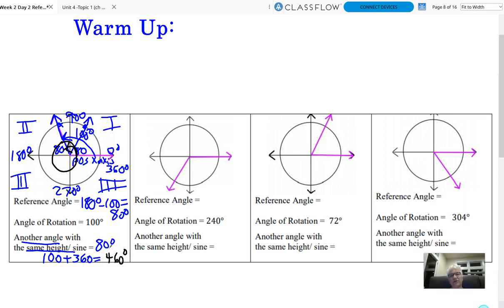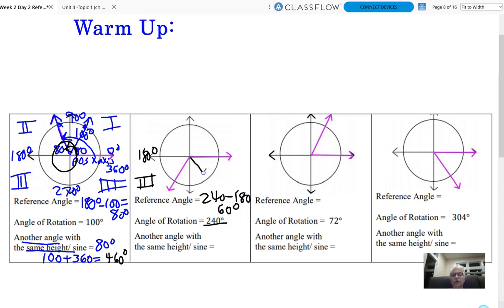For our first warm-up. Our second warm-up takes place in the 3rd quadrant. This is 180 degrees. If I've rotated to 240, our reference angle will be 240 minus 180, which is 60 degrees.